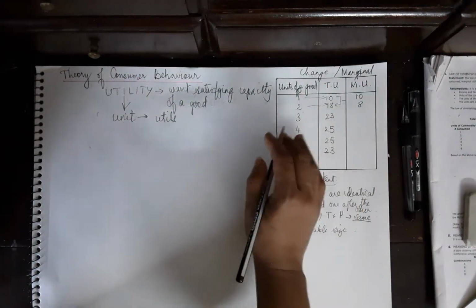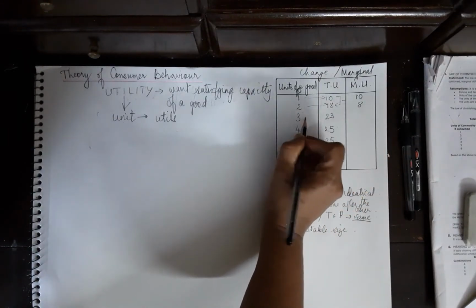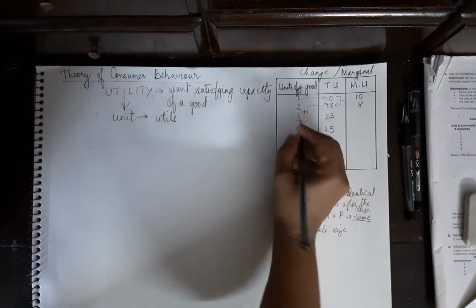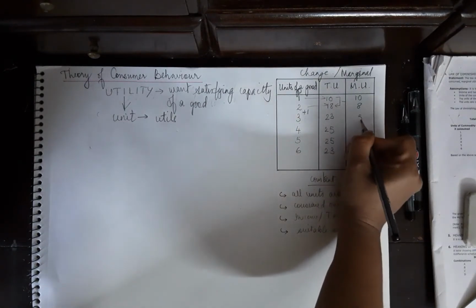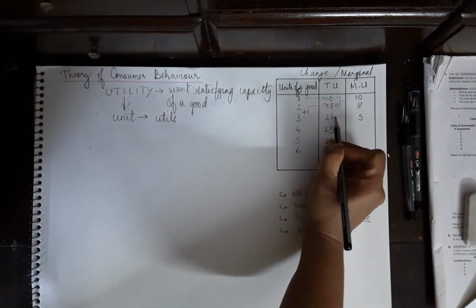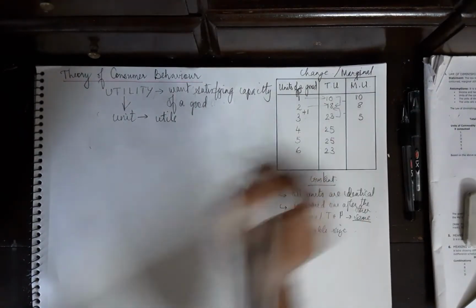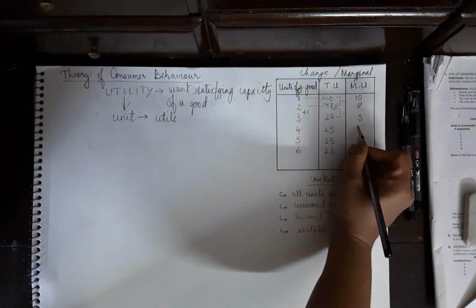We can go on and find out what is the change after one unit of consumption. So after one more unit of consumption, my utility changed by 5 utils. So how did I get 5? 23 minus 18. Then my utility increased by how much?